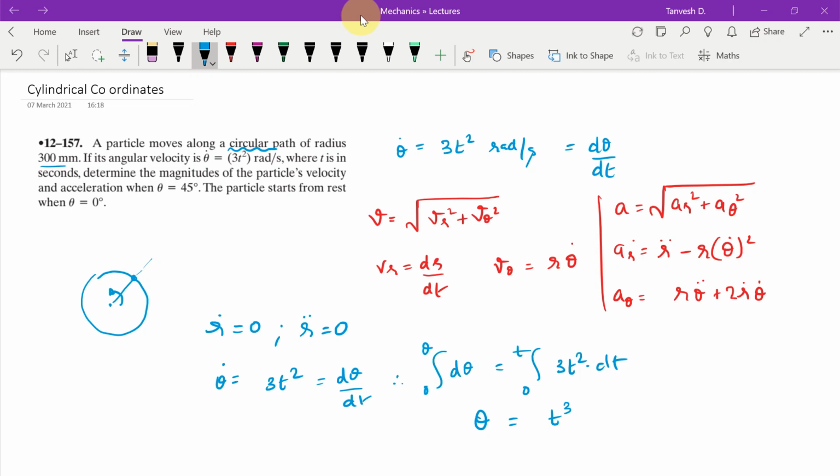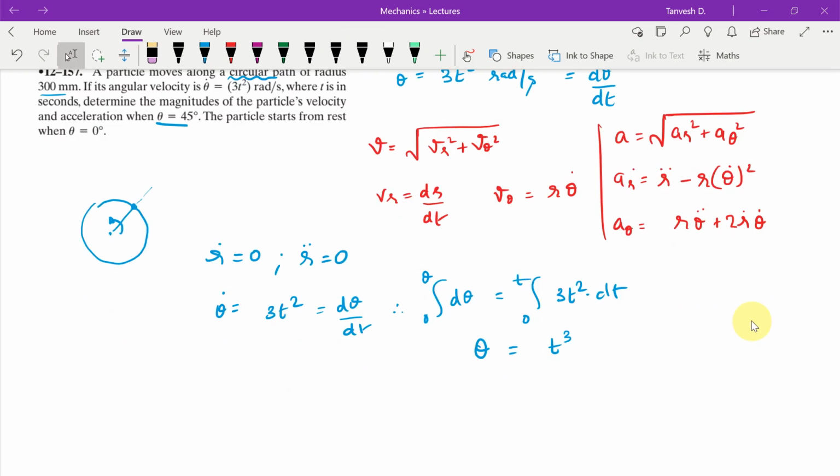What is asked is to determine the magnitude of the particle's velocity when theta is 45 degrees. So at theta equals pi by 4, you can find t. You can put this t in theta dot, so you will get the theta dot value. r we already know is 300. So v theta you will get, vr is anyways 0.